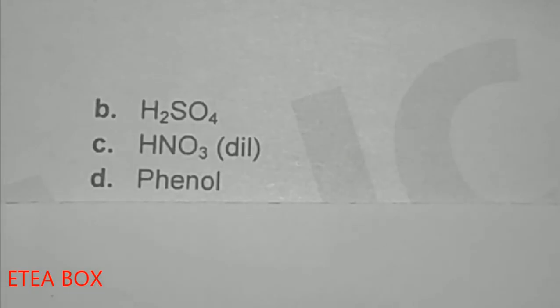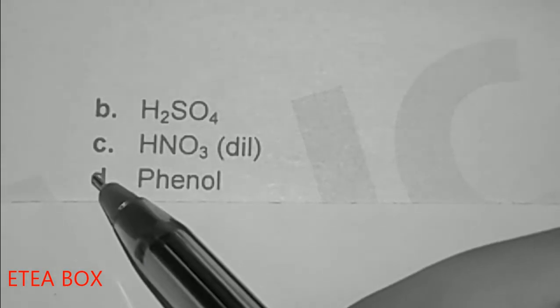When we react H2SO4 with Na2CO3, we get sodium sulfate, carbon dioxide and water. When we react HNO3, nitric acid, we get sodium nitrate, carbon dioxide and water. Now when we react phenol with sodium carbonate, carbon dioxide will not be produced. Phenol does not react with sodium carbonate, that's why option D is the correct one.